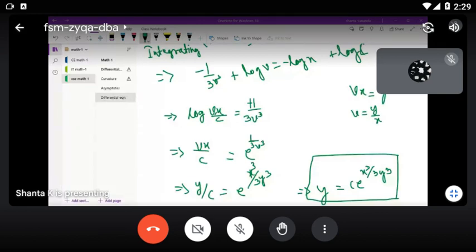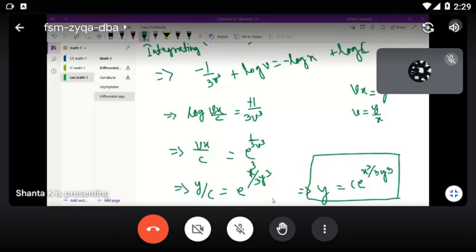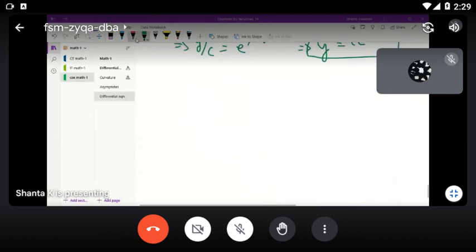Then we have also some idea about some special forms of homogeneous equations. So if you have this form, you can directly use this one and reduce it to the variable separable forms.